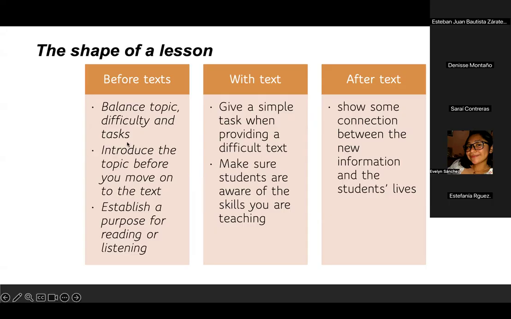Second, you need to introduce the topic before you move on to the text. What does that mean? Before you ask your students to read or listen, you need to make sure that they know the topic.